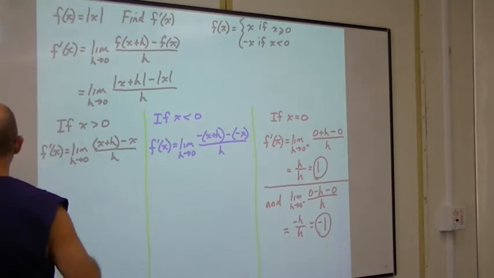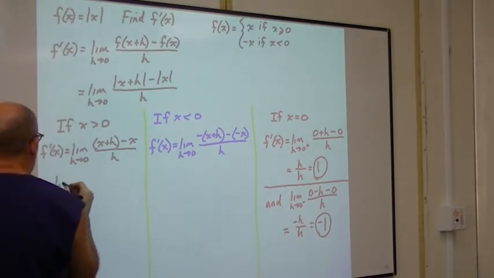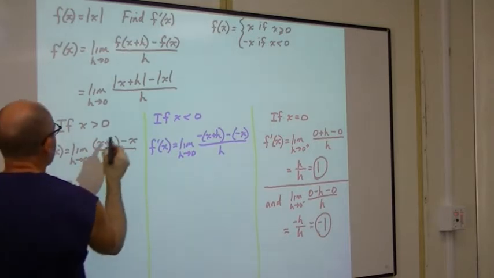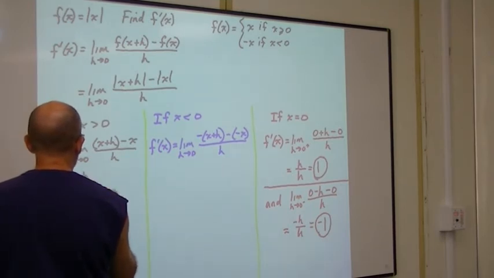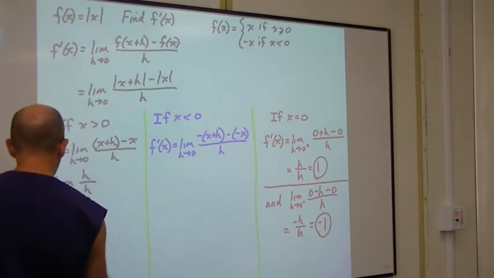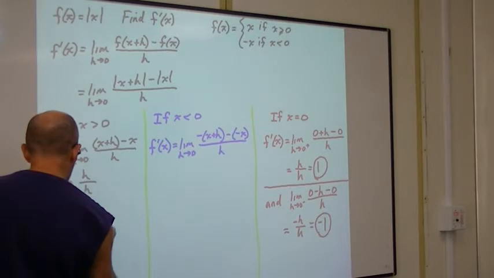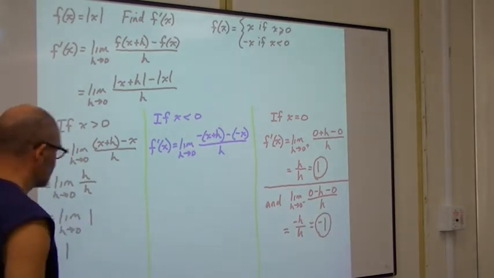Well, this is going to be the limit as h approaches 0 of x plus h minus x, which is h over h. Well, the limit as h approaches 0 of h over h equals the limit as h approaches 0 of 1, which equals 1.